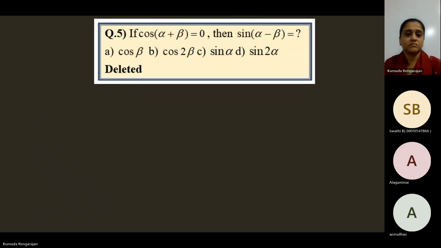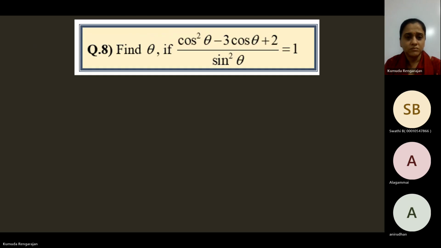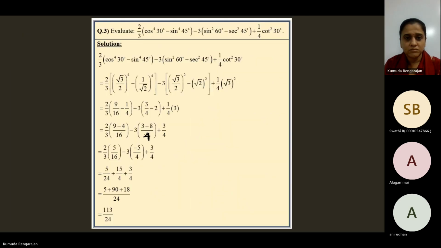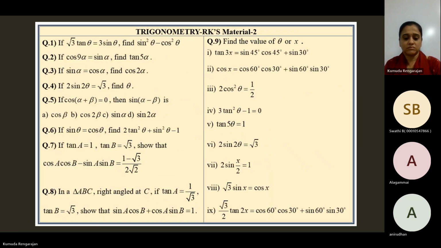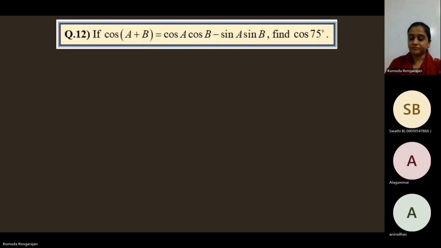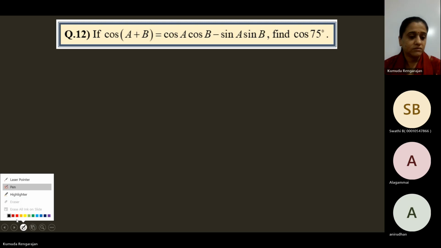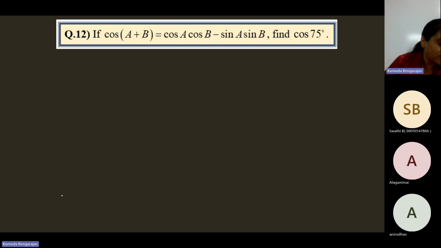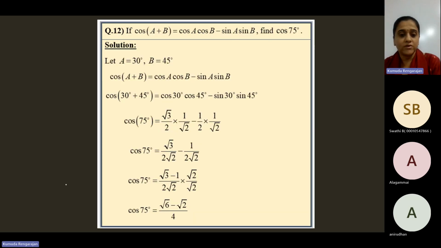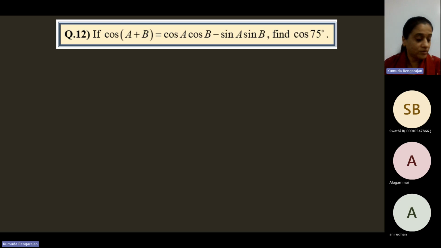Yes, Swati, you are right. Root 3 minus 1 by 2 root 2. You just have to rationalize the denominator. You're right.